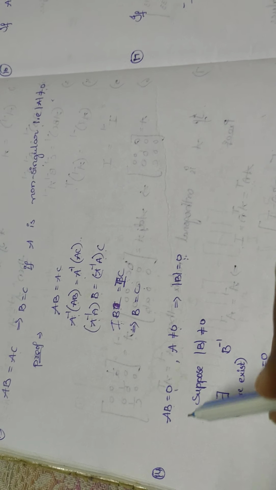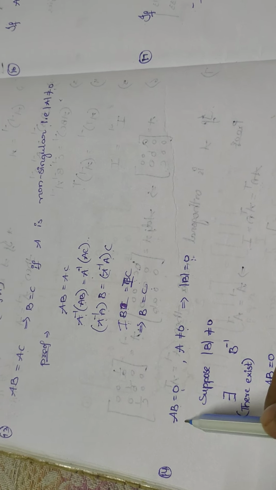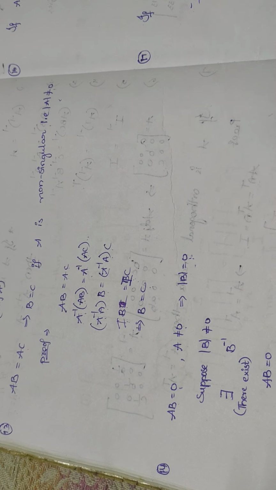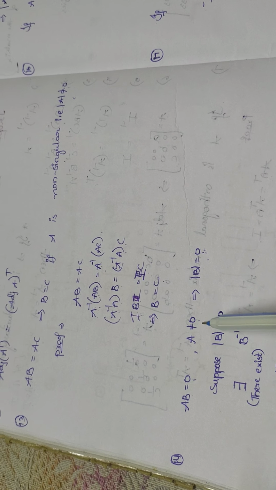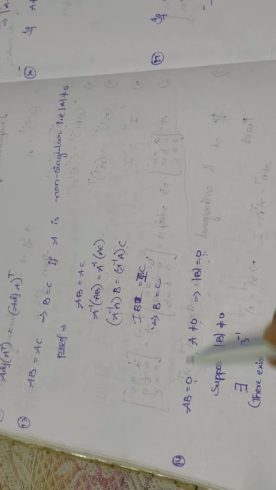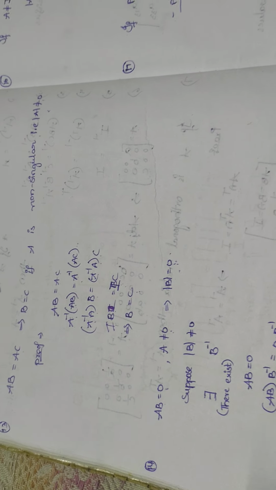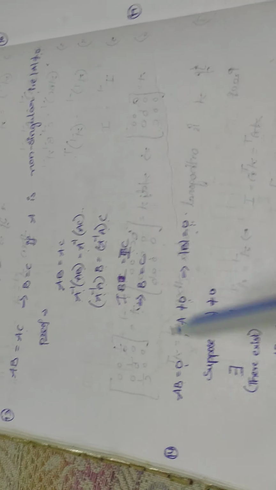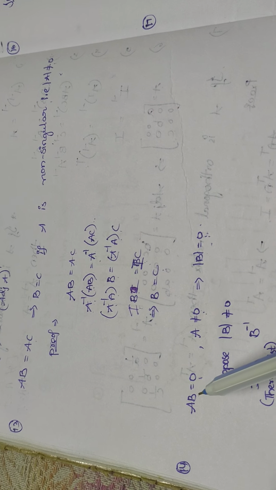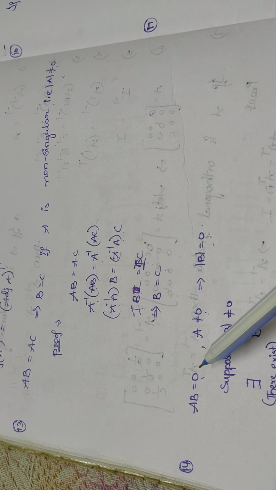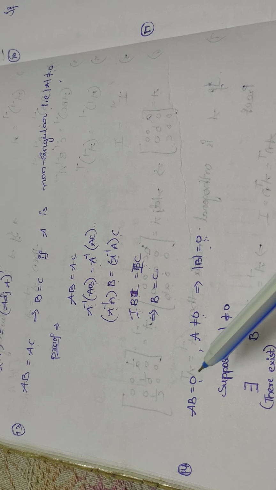Suppose you go in the reverse method to prove this one; this condition is very important. AB is equal to O and A is not equal to O, but the B matrix may be 0 matrix, may not be 0 matrix.